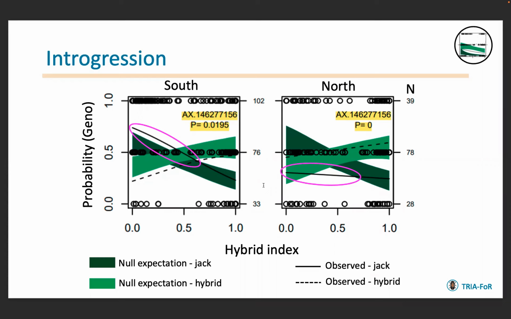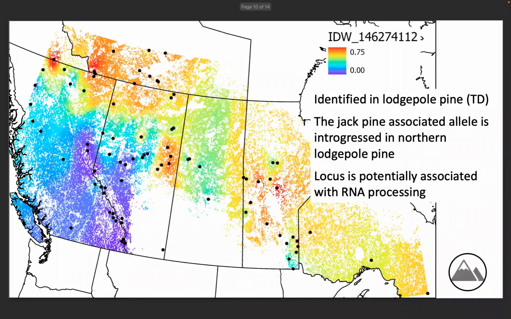And so we've found 28 markers of those climate-associated SNPs that showed differential patterns between the north and the south hybrid zones. And I've pulled a couple of examples to give you an idea of what sort of patterns we're seeing and what they might mean. So this pattern we observed in a number of loci, and this locus was identified in lodgepole pine, and it was associated with temperature difference or continentality.